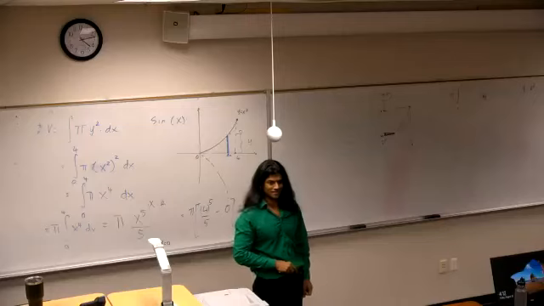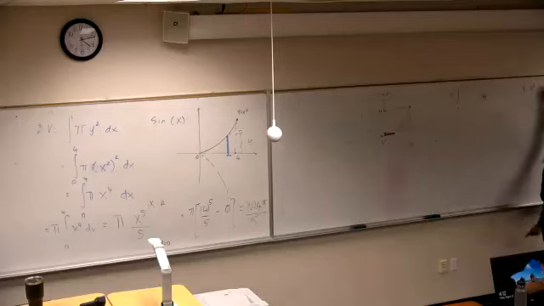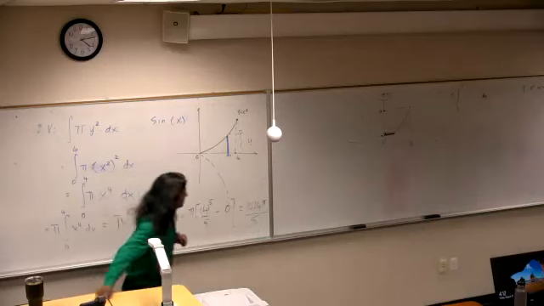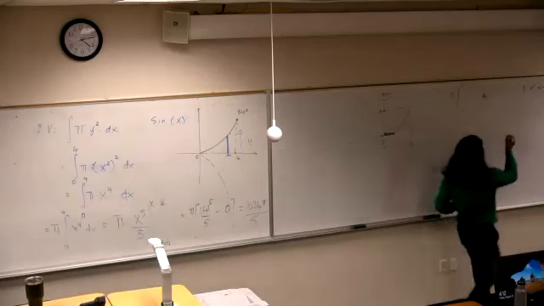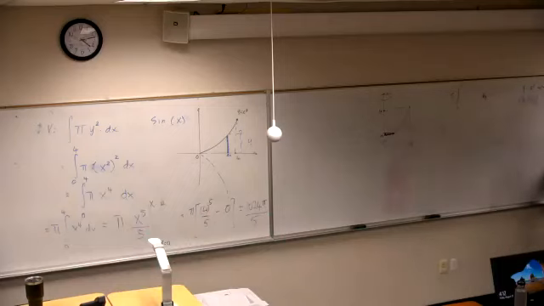What is that? If I took the square root on both sides, root y is x, correct? Where's that? What I started with is here, y equals f of x. x equals g of y, correct?